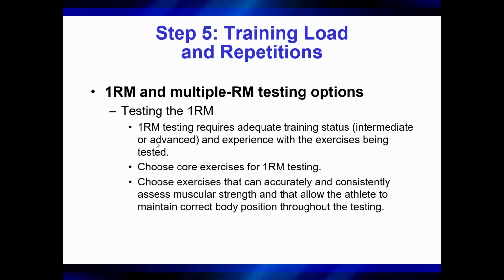So we want to make sure that they have a good training status with that exercise. You're typically only going to do the core exercises. You're not going to be doing bicep curl or pec fly for a 1 RM. And you're going to choose exercises that can accurately and consistently assess muscular strength and that allow the athlete to maintain correct body position throughout the testing. And if they can't do it right, you shut the test down.